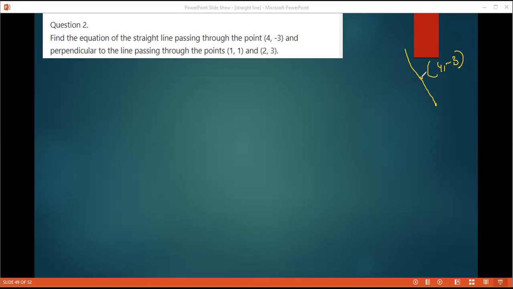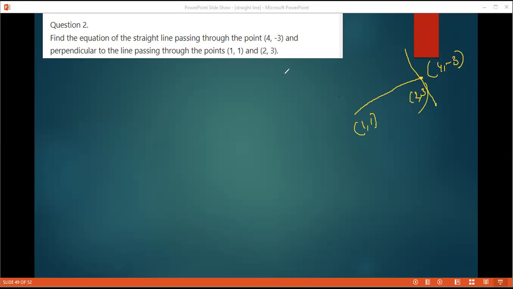And this line is perpendicular to the line passing through 1 comma 1 and 2 comma 3. Okay, 1 comma 1 and 2 comma 3. And now what do we do?